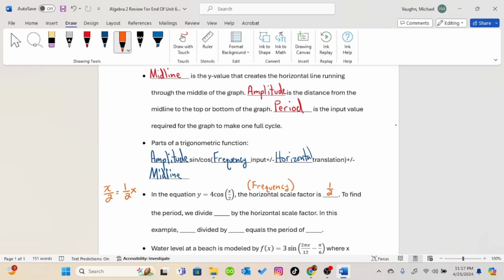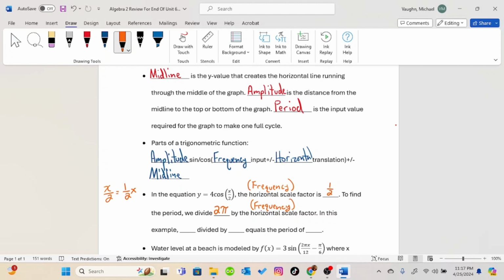To find the period, we divide blank by the horizontal scale factor. Again, horizontal scale factor is another term for frequency, and you're going to divide 2 pi by the frequency, or the horizontal scale factor.